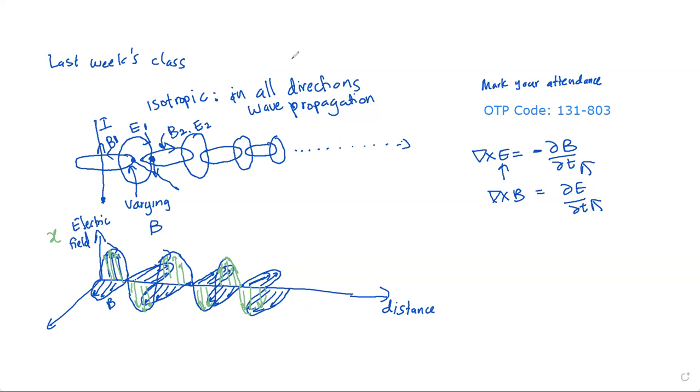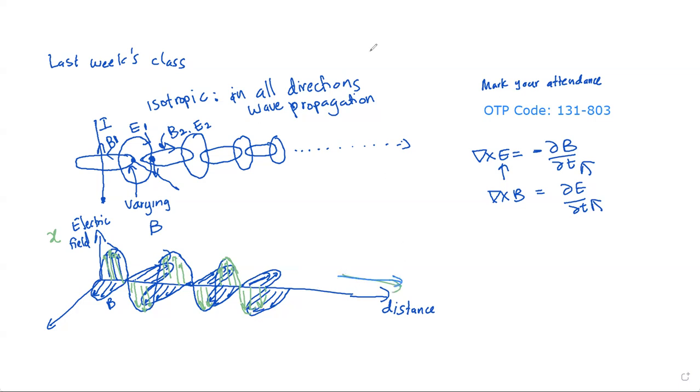So another important thing is that the wave is propagating along the direction perpendicular to both the electric field and the magnetic field. So the wave is along this direction.